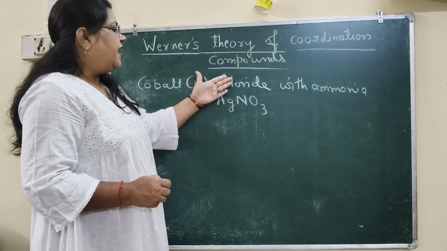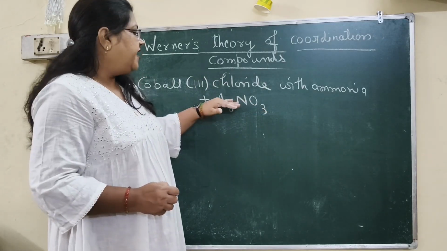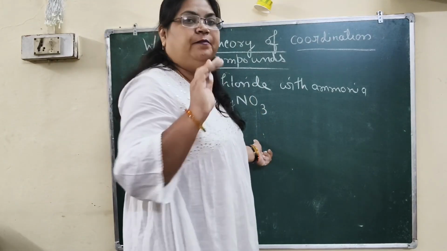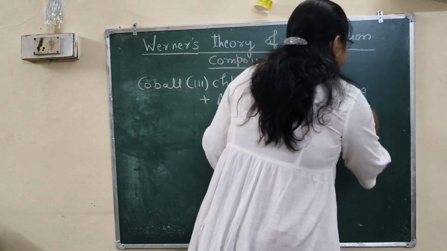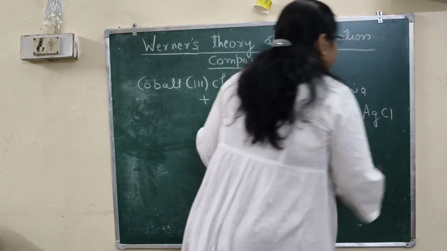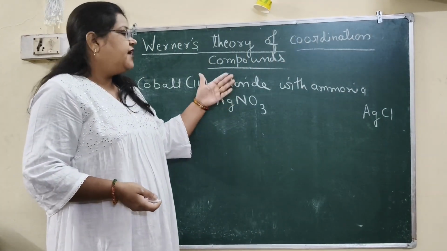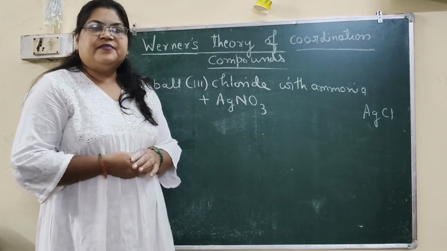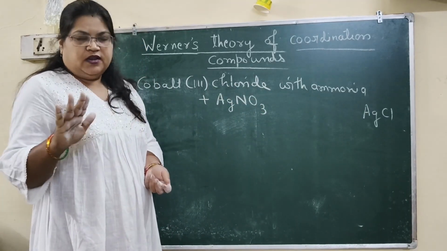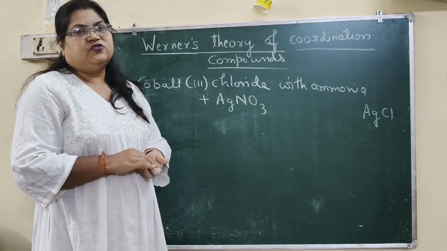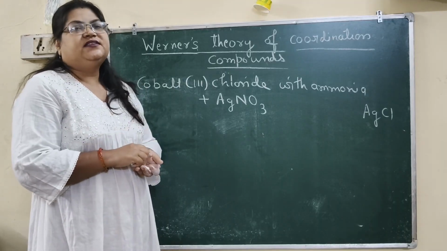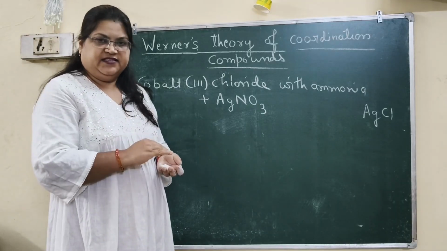Those ions which are precipitated as AgCl are called primary valency. Some remain suspended in the solution, and those chloride ions are called secondary valency.